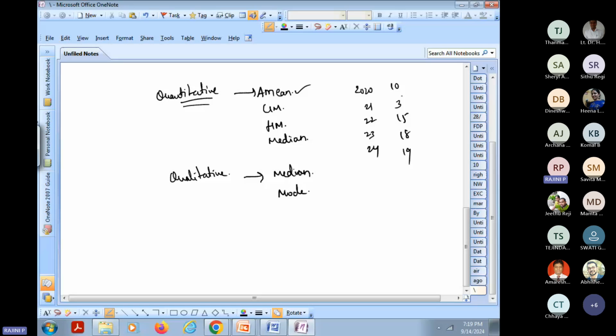Just see, all the values are nearby only, but this 3 is completely the odd man out. So the value which is not related to all the values is called the outlier. Easily you can understand by seeing the values whether a particular value is near to all the values, or if we are having extreme values. Those extreme values are called outliers.